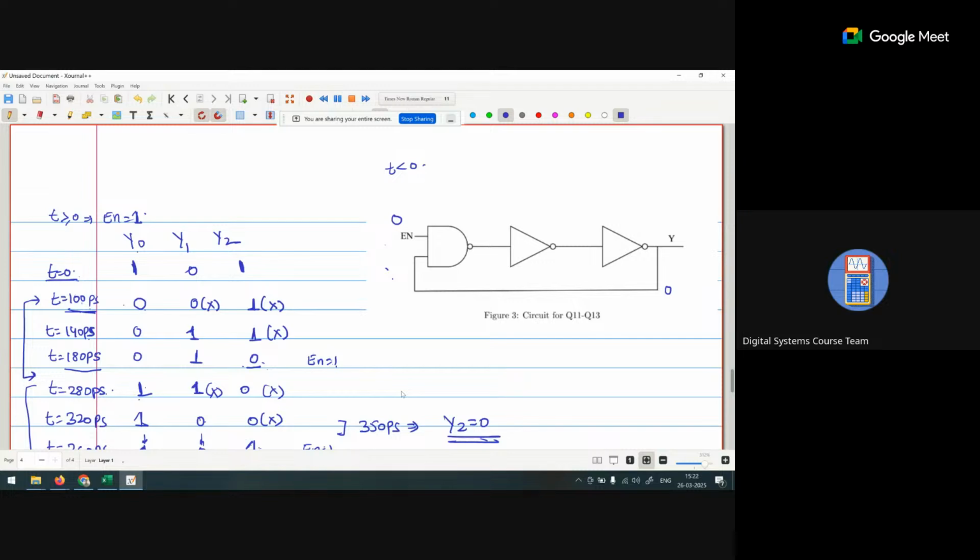That means we are getting a 1 here because it is a NAND gate, whether I apply 0 here or 1 here. If it is a 1, here we are getting a 0. If it is a 0, we are getting a 1 here. So we can consider y2 as either 1 or 0, because if we consider y2 is 0, here we are getting a 1. That's why I'm taking y2 as a 1. Yes sir, understood.